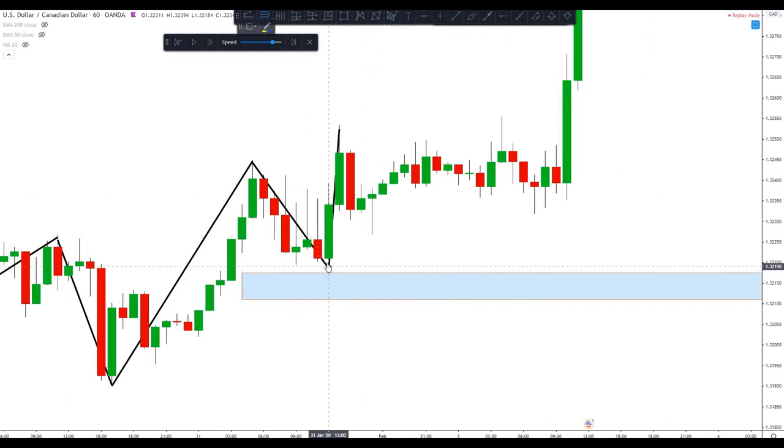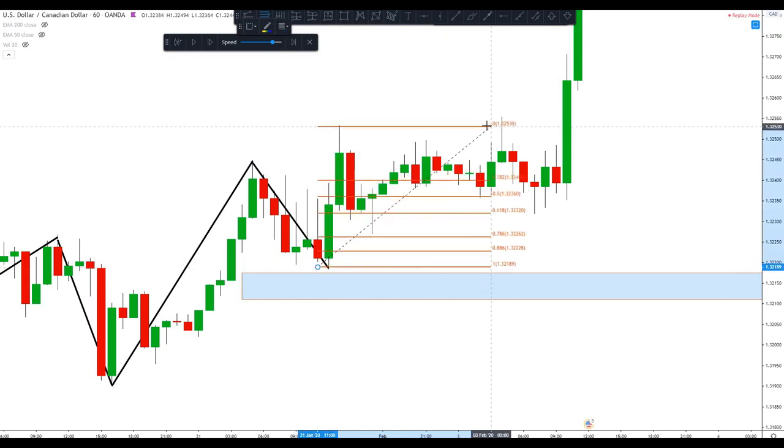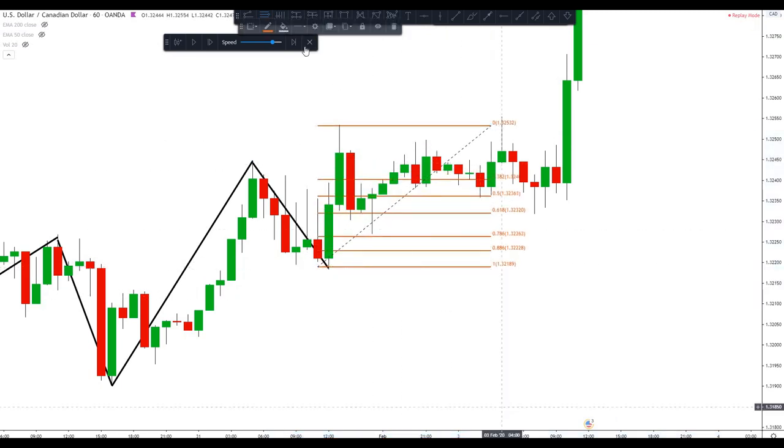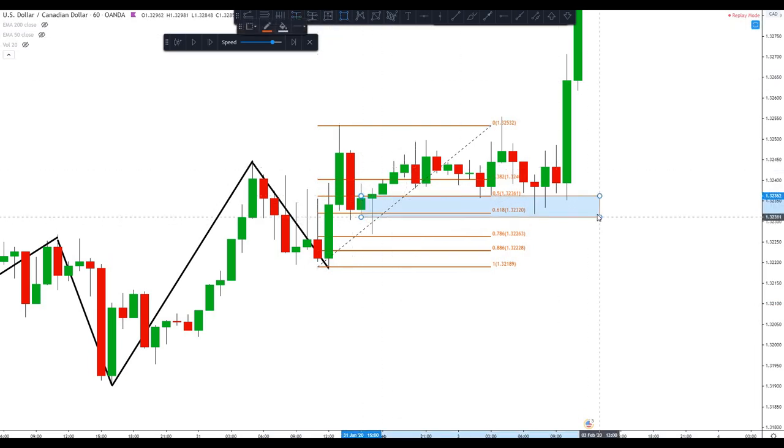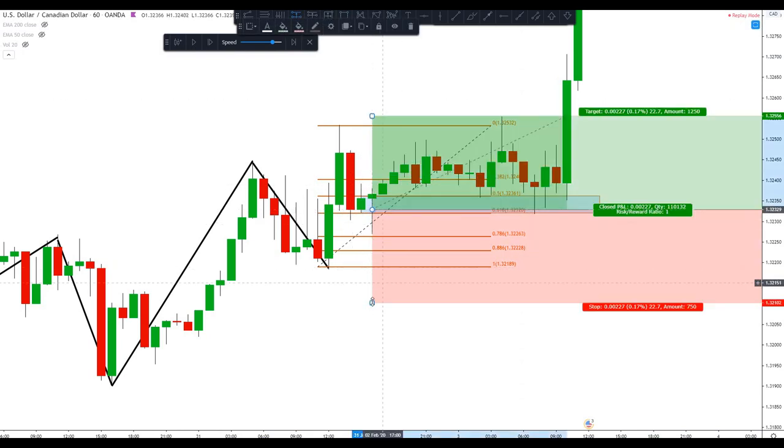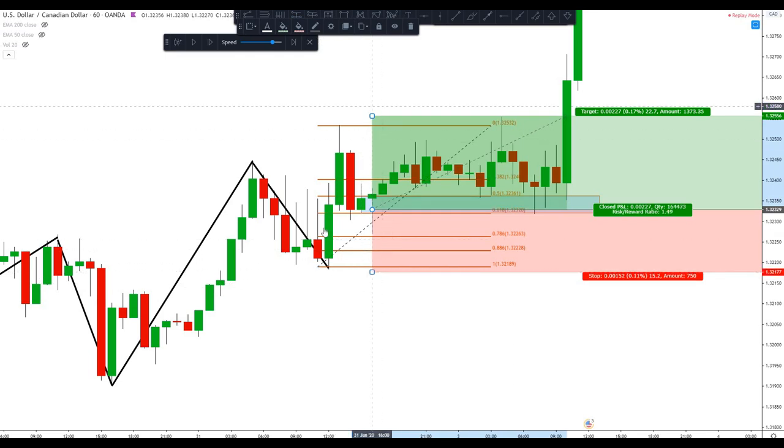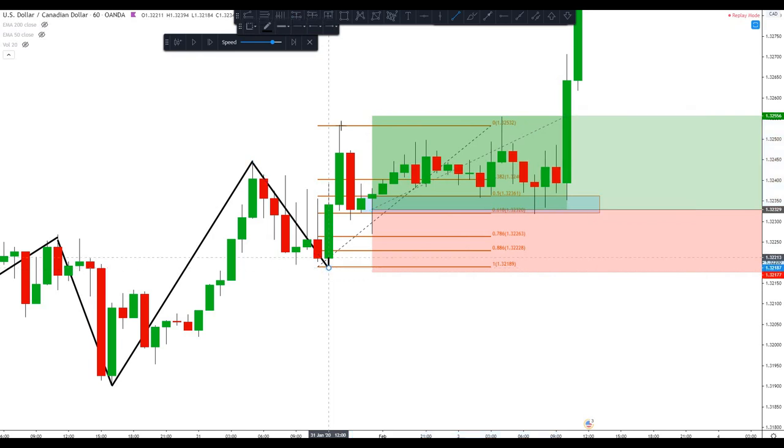Very hard to see, but if we just take this low to this high, because we have a new high here, buy at the 50 to 61.8. A buy position would have been entered right around here, stop loss below this low, target an equal move to the upside from the most recent swing high, so it would look like this.